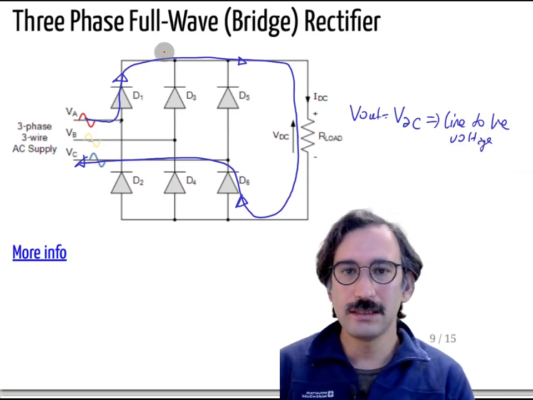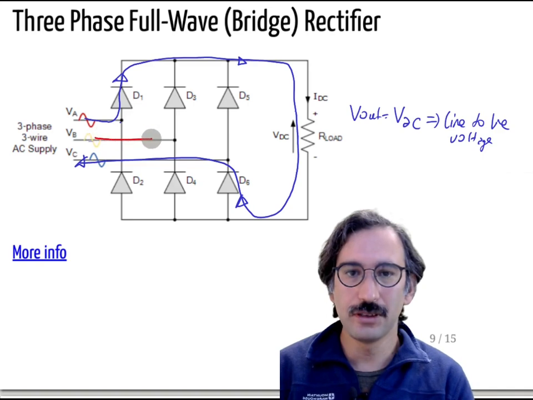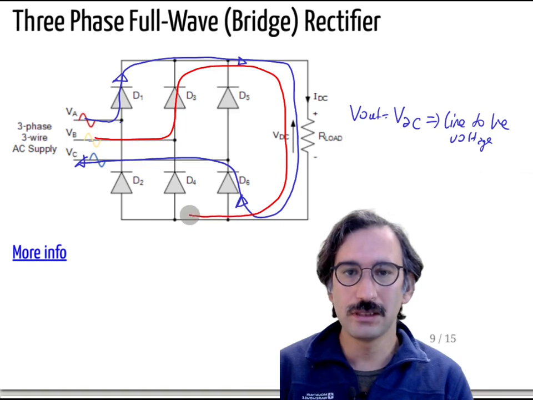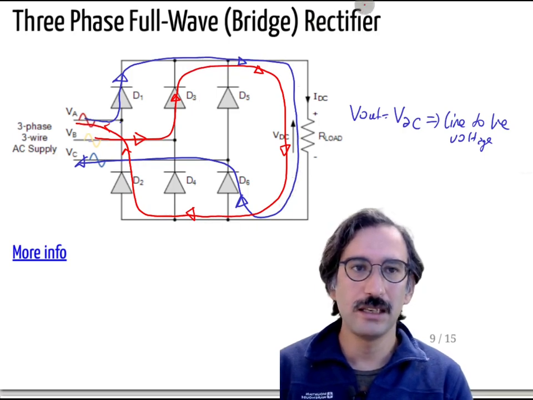So I will see the VAC line to line voltage for the blue one. Or let's say that one gets into conduction, and it is coming back through here. So I will see VB here, and VA at the negative.